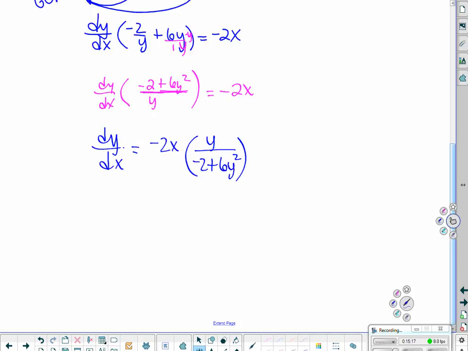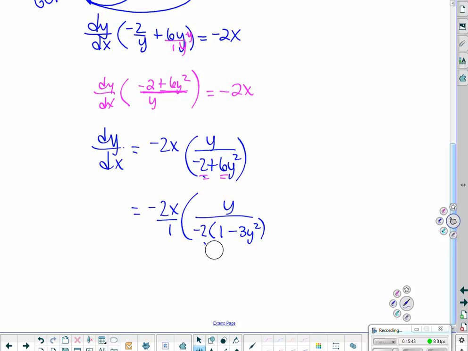And I think you probably noticed it too. What do we got? We got even numbers. So we should simplify this. Let's pull a negative 2. That'll leave us 1 minus 3y squared. Check it out. Does it bring me back to negative 2 plus 6y squared?